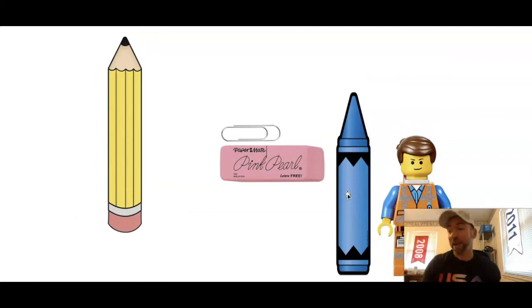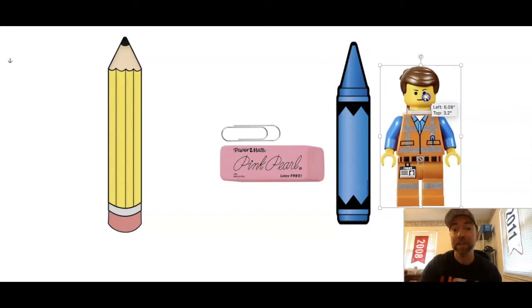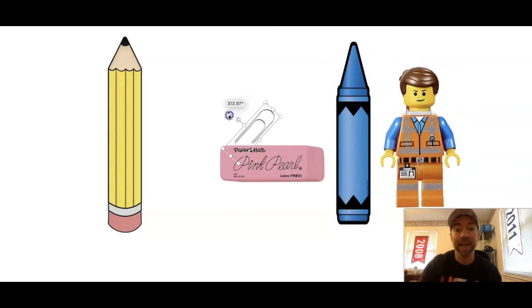In first grade, we're going to be practicing how to take a whole bunch of objects and put them in order from shorter to longer. So I want to look at my objects and make sure that they are all going the same way. So I'm going to make them all stand up. I'm going to turn my paper clip.